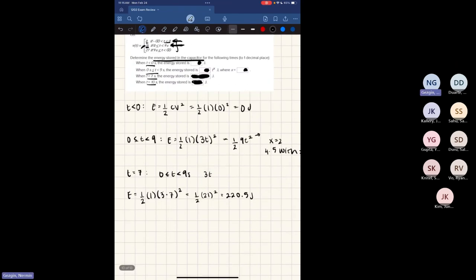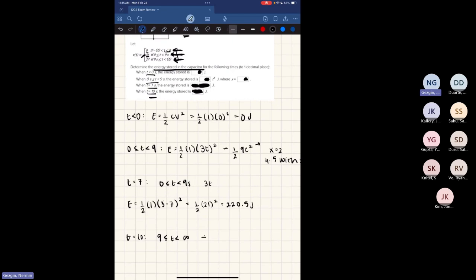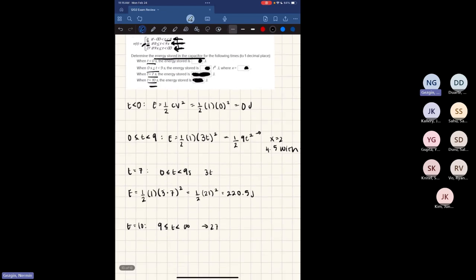For the last part, we're given t is equal to 10 seconds right here. And that falls in this last range. Here the voltage is equal to 27. Because we're given a solid number, we don't plug 10 into the voltage. We use 27. So for this one, t is equal to 10, and we're looking at the range where t is between 9 and infinity. And this is just a value that's given.